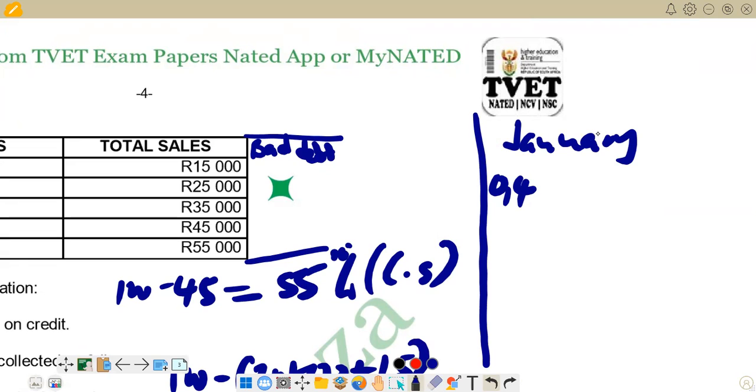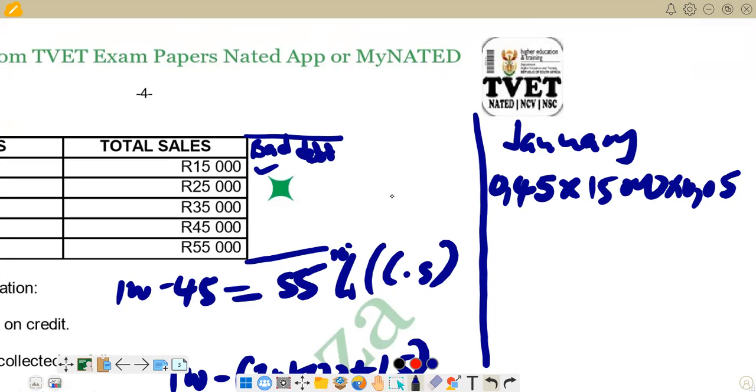Right, if you multiply by 45%, which is 0.45, then we multiply by 15,000 for January. Then if you multiply the two, let's try to calculate that one. Then obviously, the answer that you get there, you multiply it again by 0.05, which is the component of bad debt.